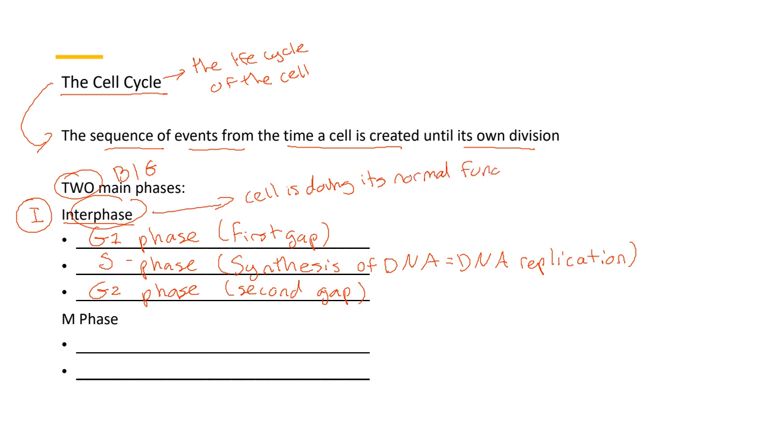All right. And then we have the M phase, Roman numeral two. The M phase has two subphases. We have mitosis, which is also known as nuclear division, and we have cytokinesis, which is a division of the cytoplasm, or cytoplasmic division.